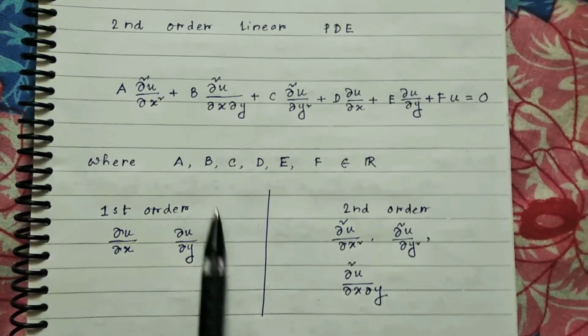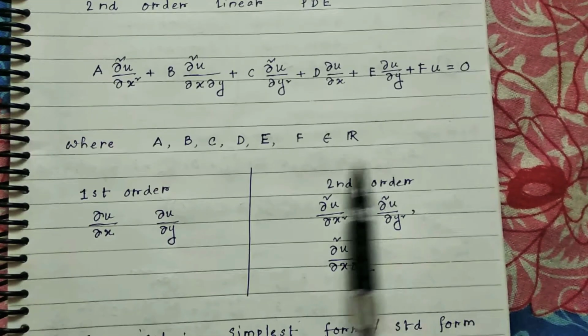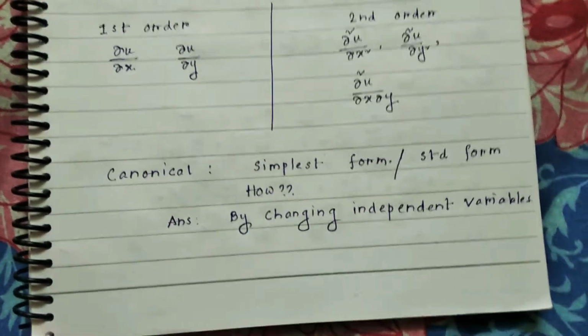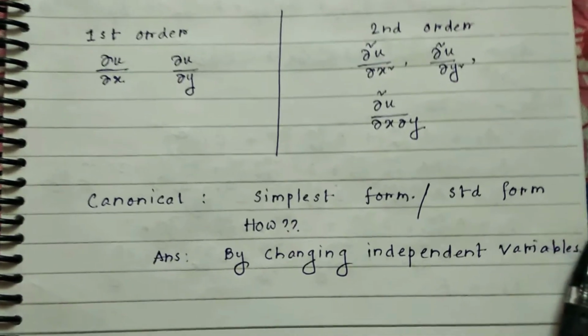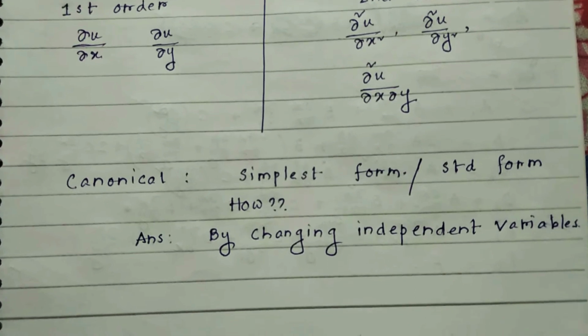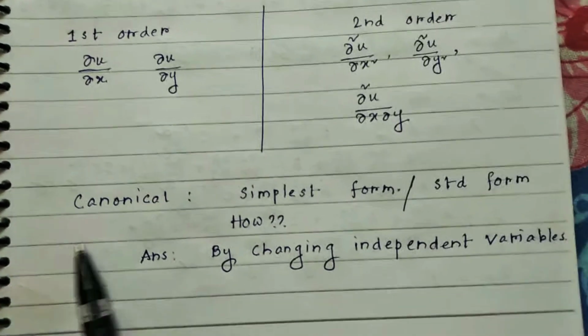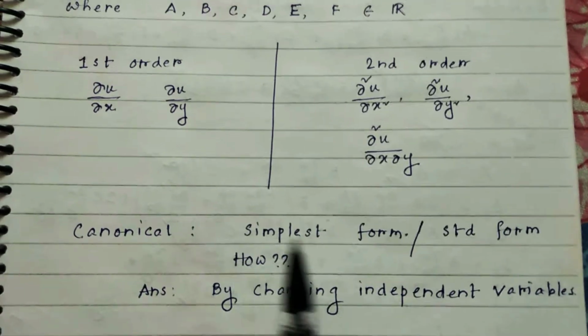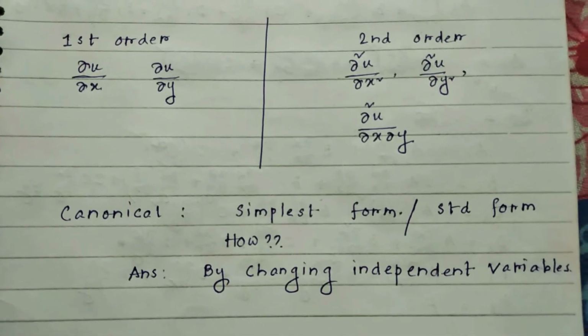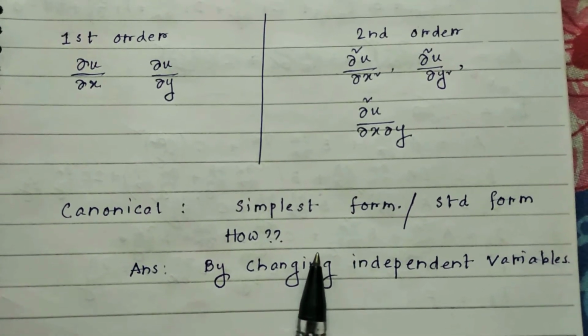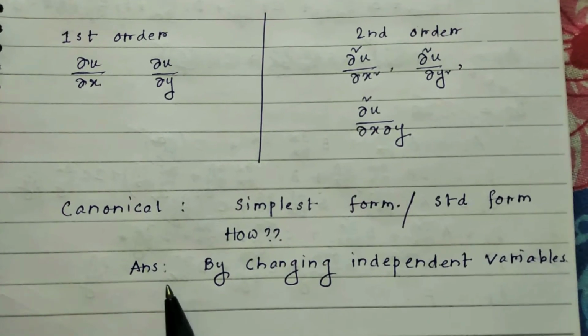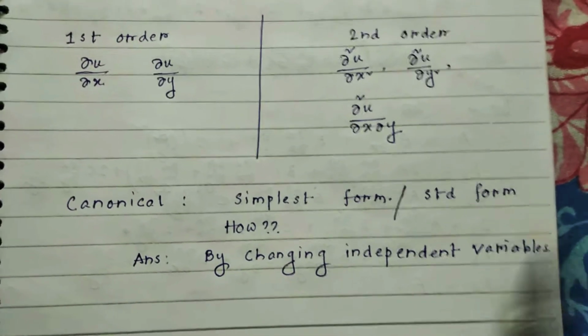The first order terms are this, the second order terms are this. So the canonical form is the simplest or standard form, and you get it by changing independent variables.